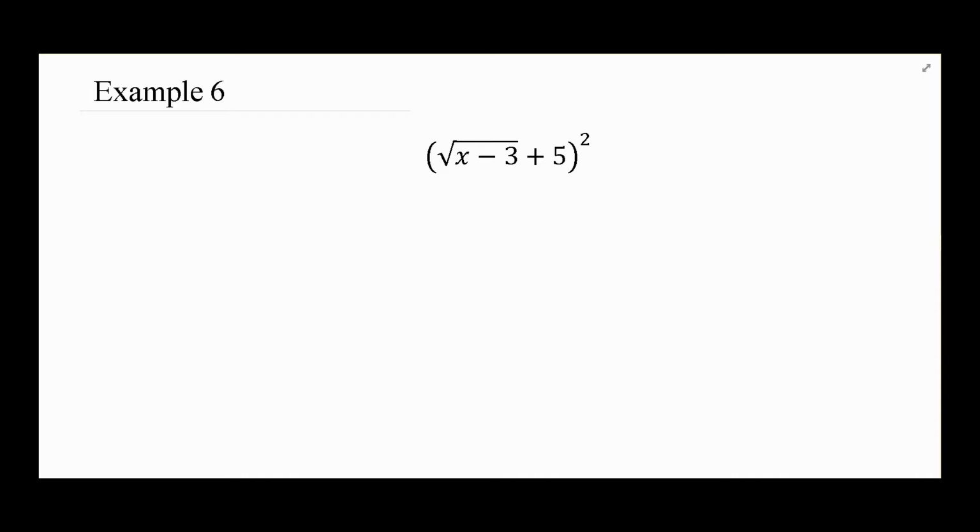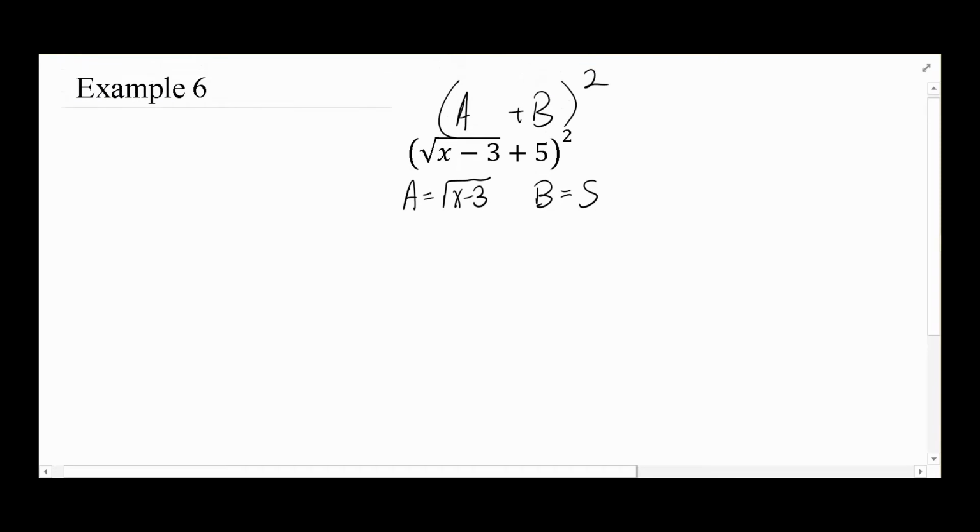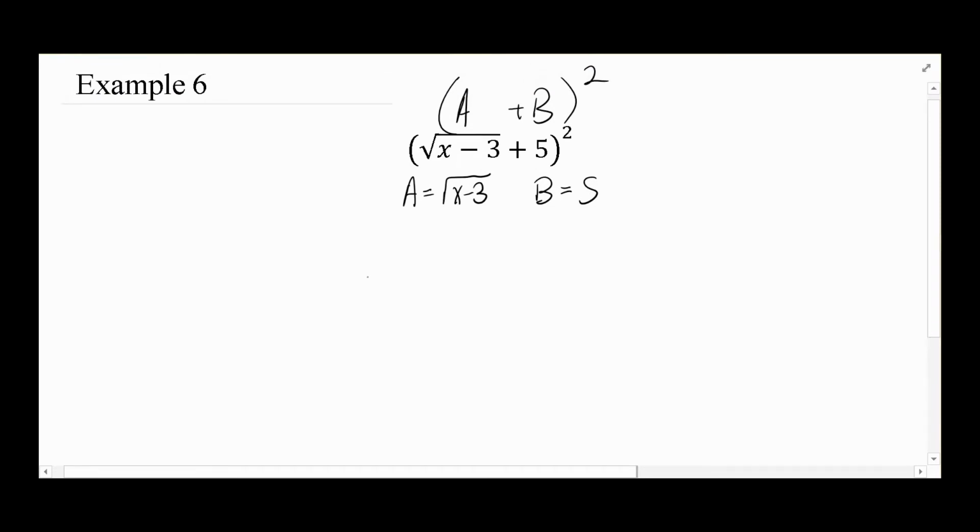So, let's take a look at this. What you should see when you look at this particular problem is that we're looking at an a plus b squared, where the a is the square root of x minus 3 and the b is 5. And when you have a plus b squared, that ends up being a squared plus 2ab plus b squared.